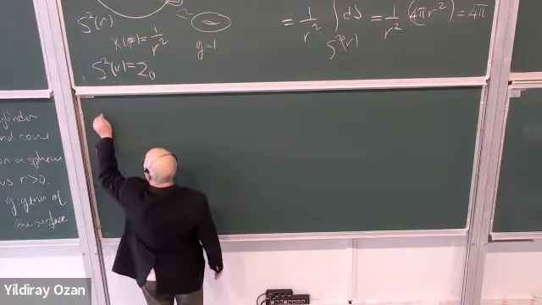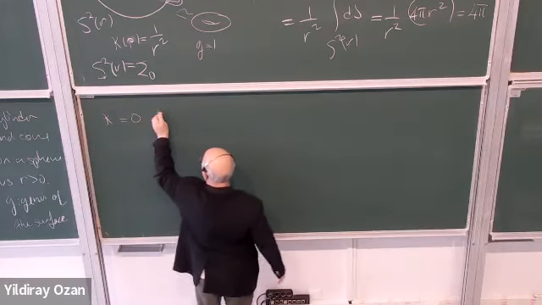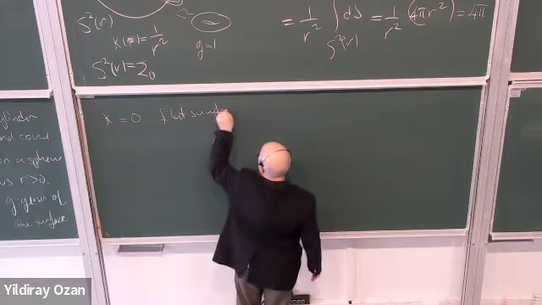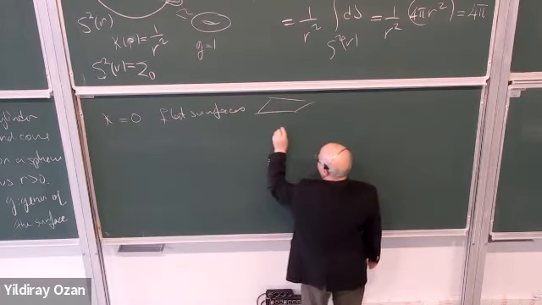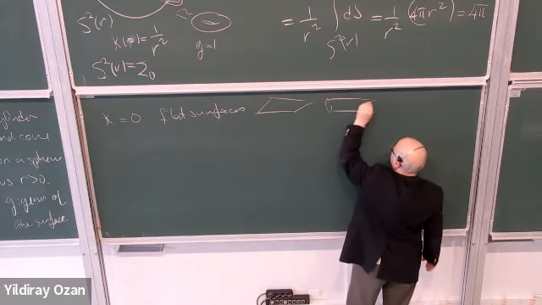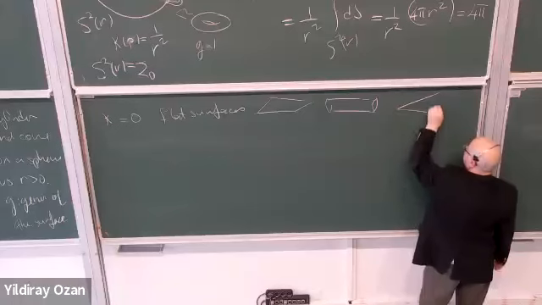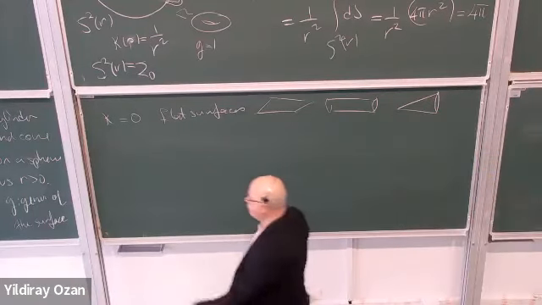This Gaussian curvature can be 0. In that case, we have so-called flat surfaces, like a plane or a cylinder or a cone, like this. These are all flat.